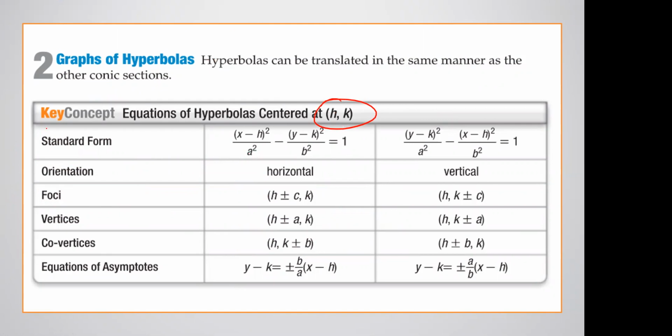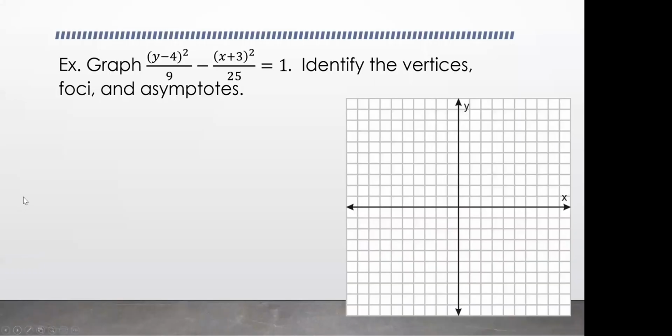So if we're given an example that says to graph this equation and identify the vertices, the foci, and the asymptotes, once again, the first thing is we need the center.